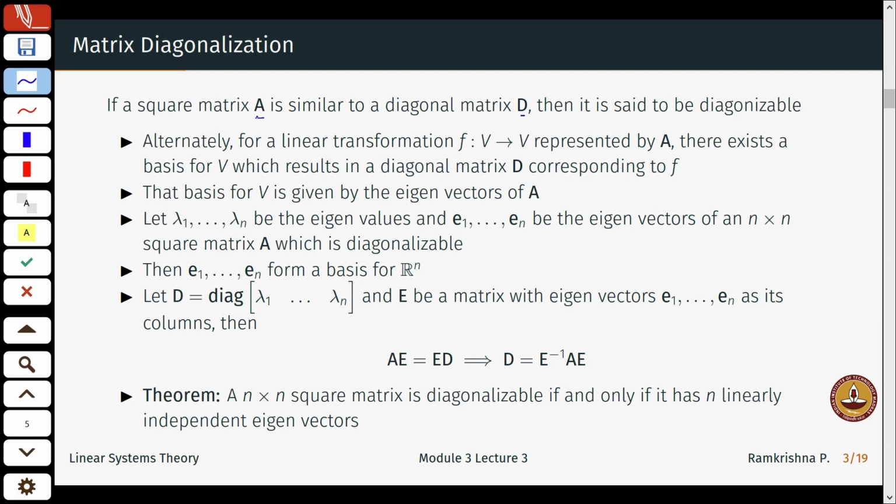When can I do this? If a square matrix A is similar to a diagonal matrix D, then it is said to be diagonalizable. We had something on similarity transformations the other day.